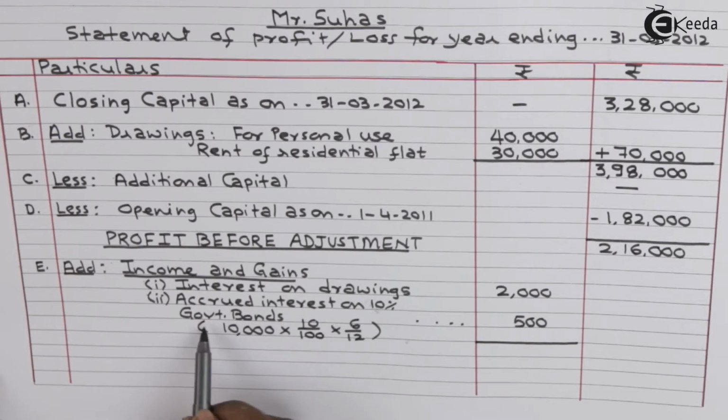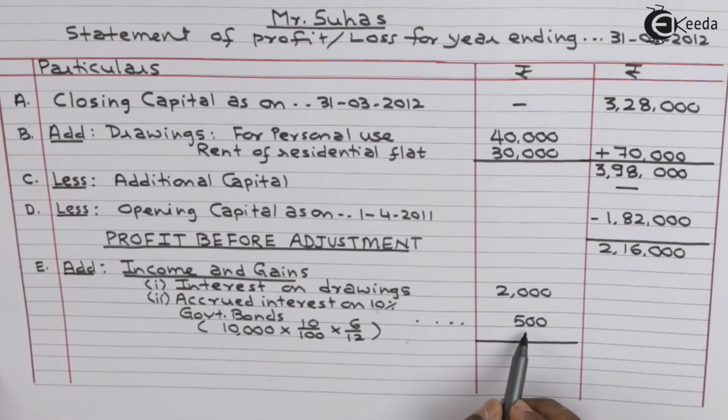Accrued interest on 10% government bonds. Principal amount 10,000 multiplied by rate of interest 10% multiplied by 6 by 12 to calculate 6 months interest. It is rupees 500. These two incomes, 2,000 and 500, will be added.